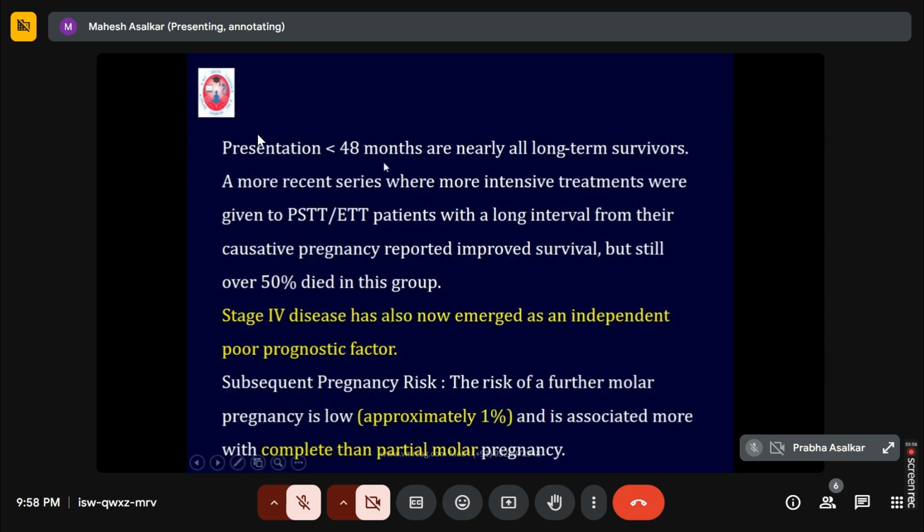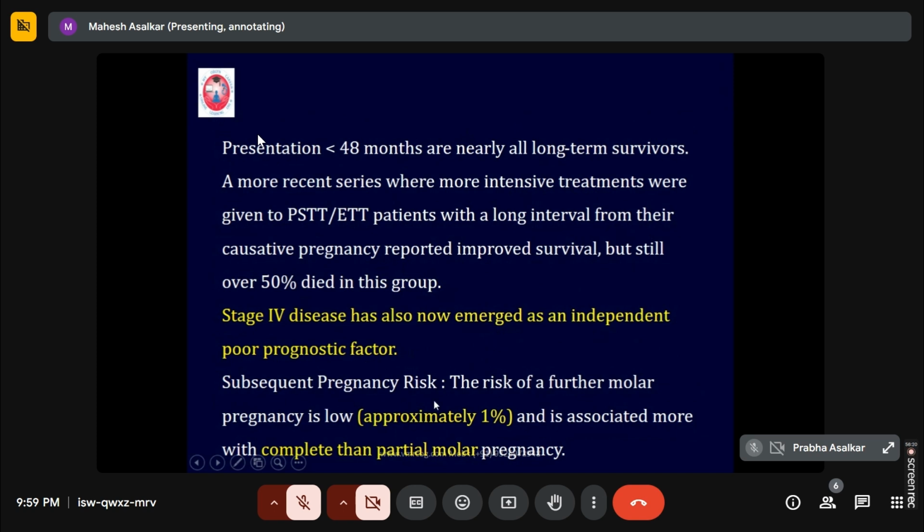Presentation within 48 months, nearly all are long-term survivors. A more recent series where more intensive treatments were given to PSTT and ETT patients with a long interval from their causative pregnancy reported improved survival rate, but still over 50% died in this group. Stage 4 disease has also now emerged as an independent poor prognostic factor.